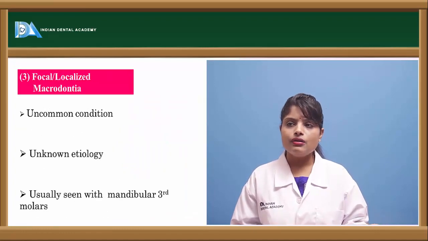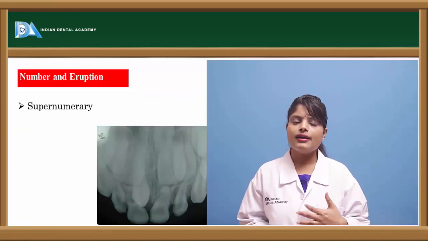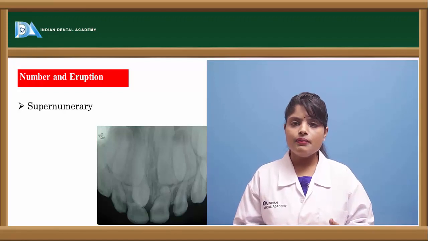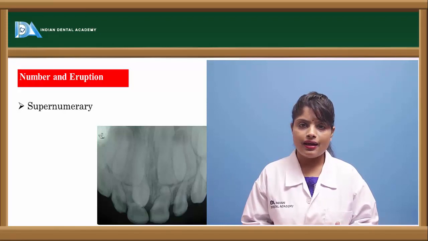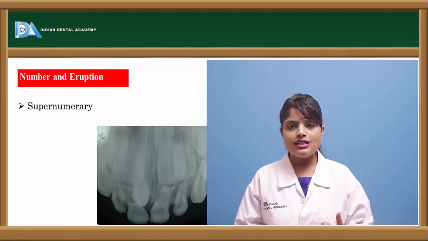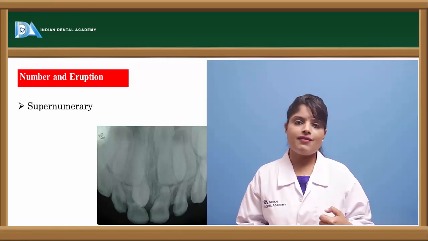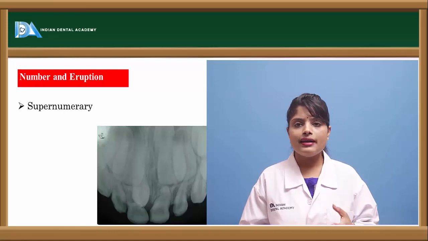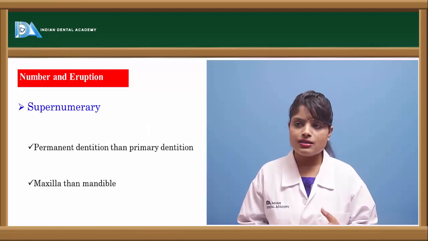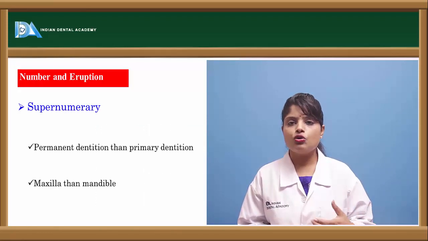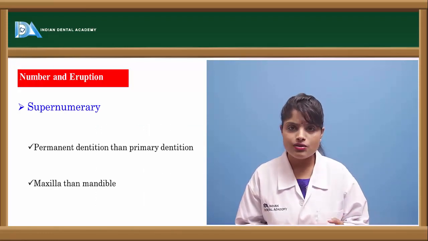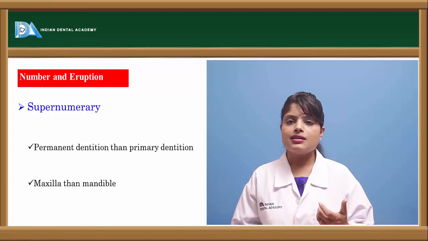Then coming to the number and eruption of the teeth. Sometimes supernumerary teeth are there, in which additional teeth are present in the oral cavity beyond the normal teeth which are already present. Such teeth are known as supernumerary teeth. The most common or frequently occurring supernumerary tooth is the mesiodens, which is generally cone shaped and has a shorter root.